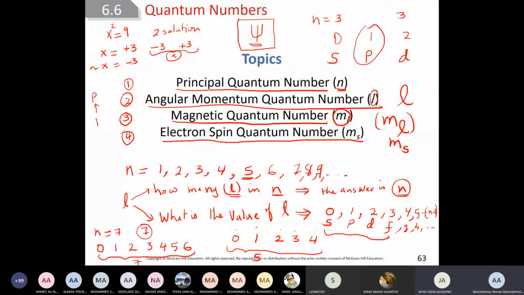If I have F solution for L, what's the value for L? 3. Don't forget, S is 0. Keep this in mind. P is 1. D is 2. F is 3 always. Is this clear? I hope so. Good. Done with L. Are you sure you know what you're talking about now?